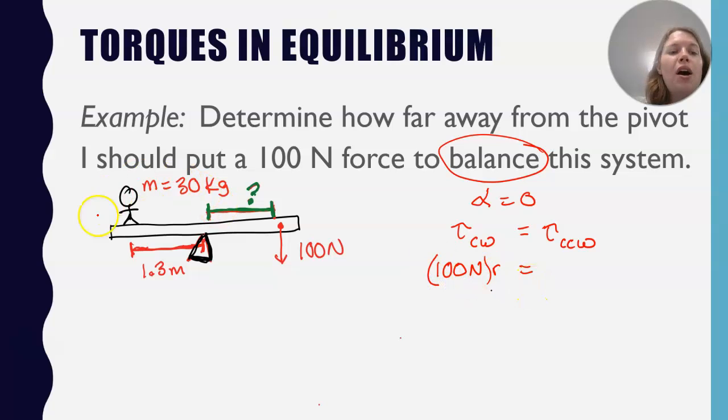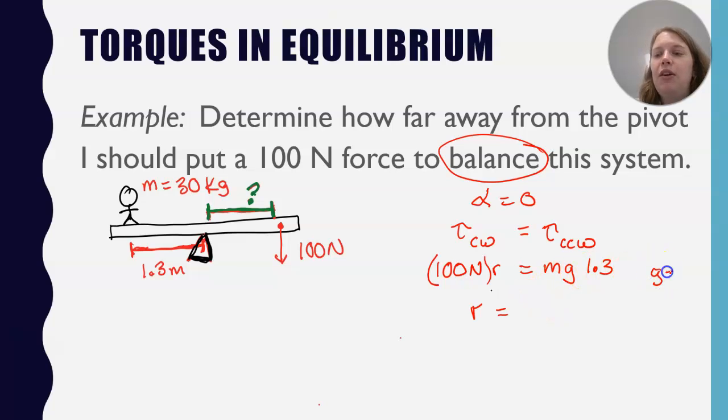And then the torque caused by this person standing here would be caused by the force they exert perpendicular to the radial line. So that would be the force of gravity, so this person's mass, times little g, times the distance that they are away. So we could find the distance to place that 100 Newton force by taking their 30 kilogram mass times g. I'm just going to call that 10.